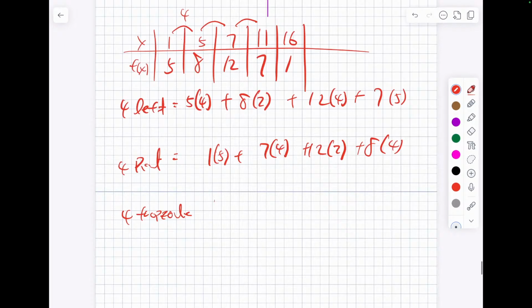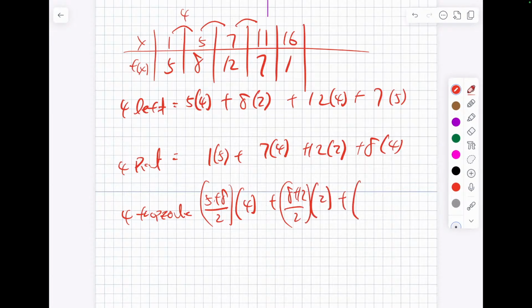Trapezoid is what? 5 plus 8 divided by 2 times 4, plus 8 plus 12 divided by 2 times 2, plus 12 plus 7 divided by 2 times 4, and add it together.